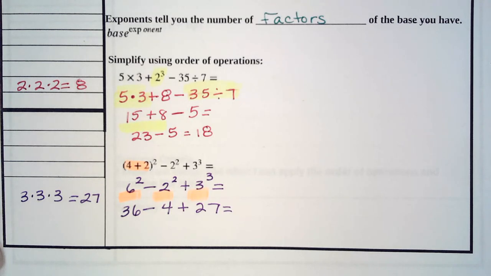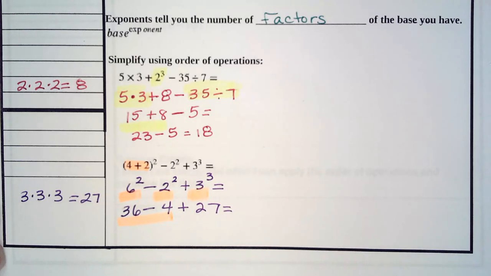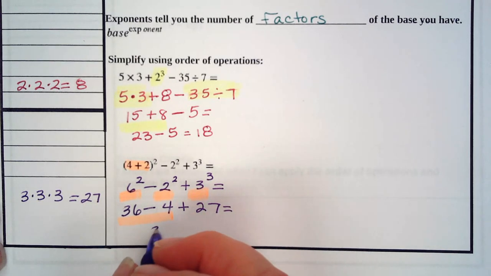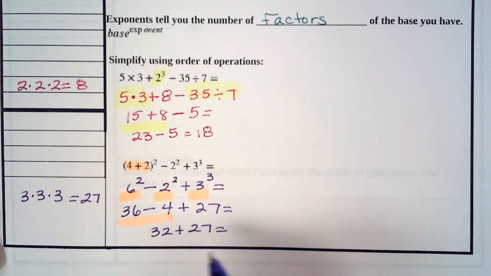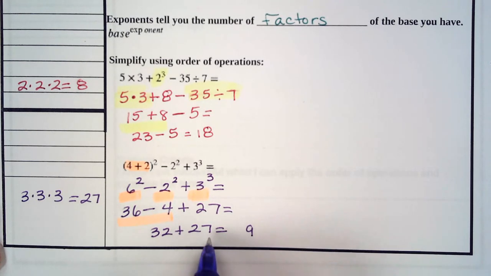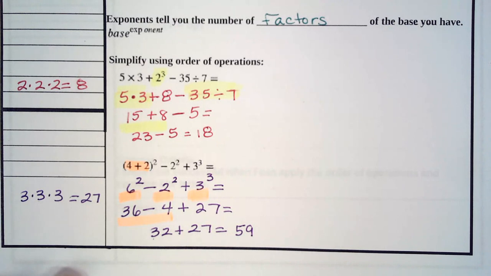I will have to subtract first, and then I will add. 36 minus 4 is 32, plus 27 equals. Okay, so if I'm doing this, 2 plus 7 is 9. I don't have anything to carry. 3 plus 2 is 5, so it is 59. And we are done.